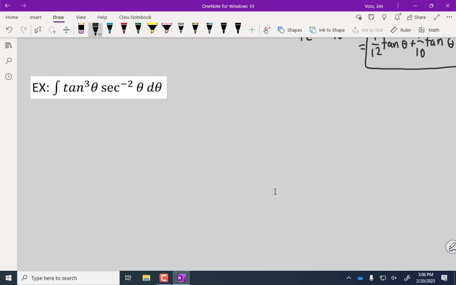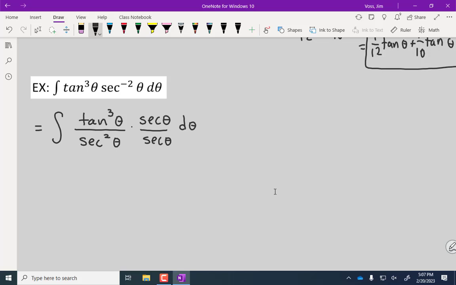Okay, so let's rewrite this first with positive exponents. That's an odd power on tangent, so the rule is odd on tangent, pull off a sec tan. Well, once again, there's no secant in the numerator, so what we are going to do is multiply by secant over secant.